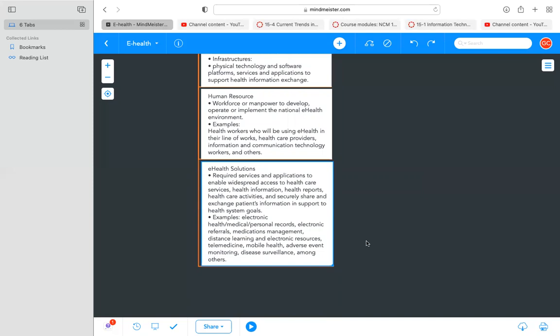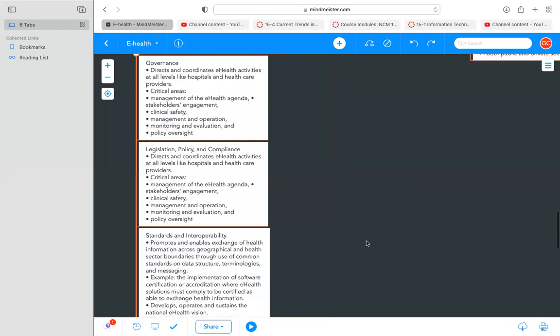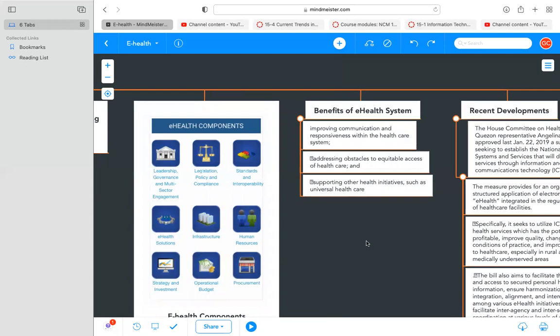Also includes telemedicine, mobile health, adverse event monitoring, even disease surveillance, just like what we're doing now during the COVID-19 pandemic. I'm sure you have checked already the Corona Tracker, both in DOH as well as in WHO. So those are the components of eHealth.